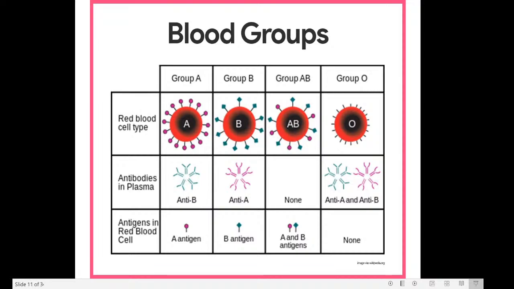The blood group O has both anti-A and anti-B, and there is no antigen.